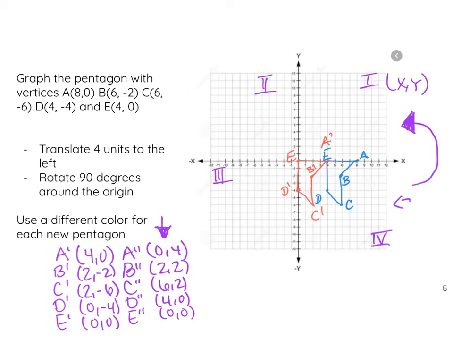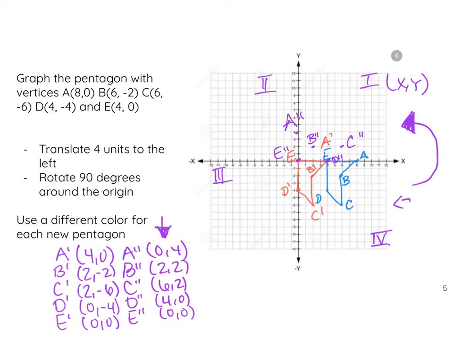So let's go ahead and graph that now. So A is now at 0, 4, A double prime. B is at 2, 2. C is at 6, 2. D is at 4, 0. And then E is still at the origin.